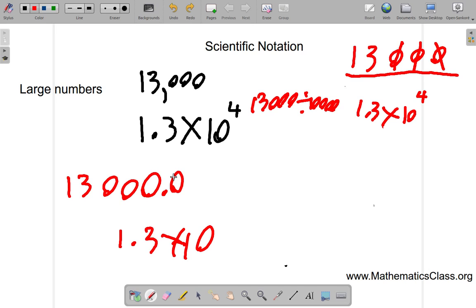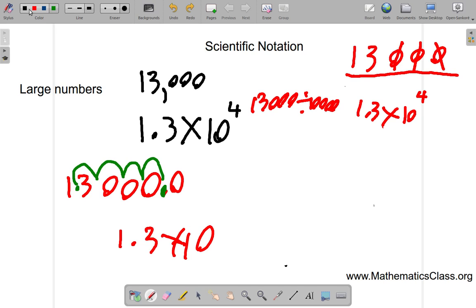It's just that if you have 13,000, why bother put the point and then the 0 there? Right? But there's always a decimal point in front of it. Now, the decimal point that we have in the 1.3 is between the 1 and the 3. So let's imagine that there was a decimal point between the 1 and the 3 and you want to move it here. What would you do? You would have to move it 1, 2, 3, 4 places to the right.